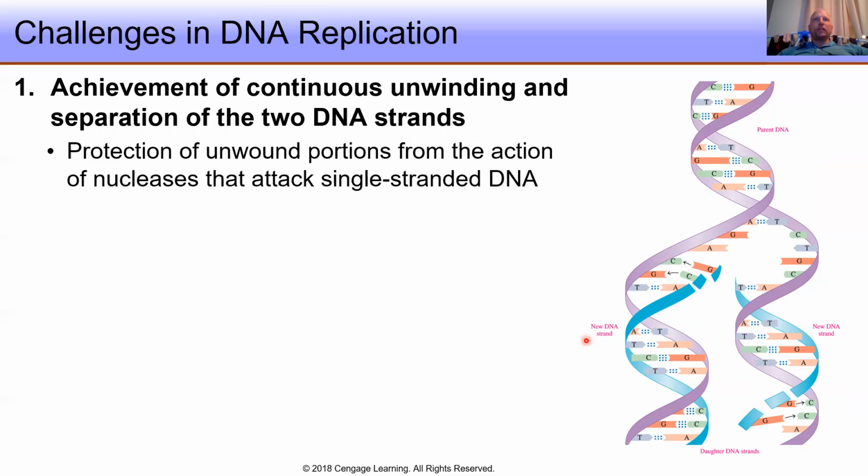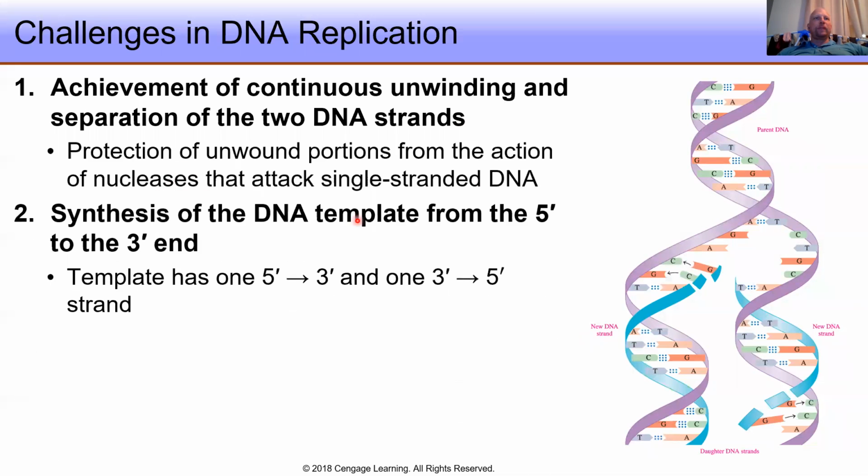So we have to be able to unwind and separate those two DNA strands. DNA is very tightly wound and compacted in the form of chromatin. And when we do unwind it and get single-stranded DNA, we have to protect that DNA from enzymes called nucleases, which will attempt to break it down. And we always synthesize new DNA from 5' to 3' end.